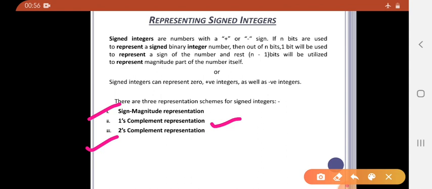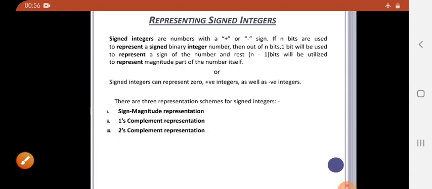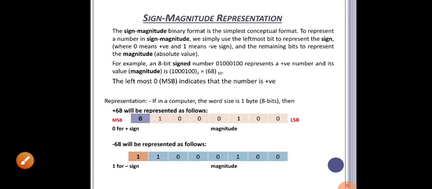These 3 techniques are used to represent signed integers. First one is sign magnitude representation. First of all, you have to know what sign magnitude representation is.